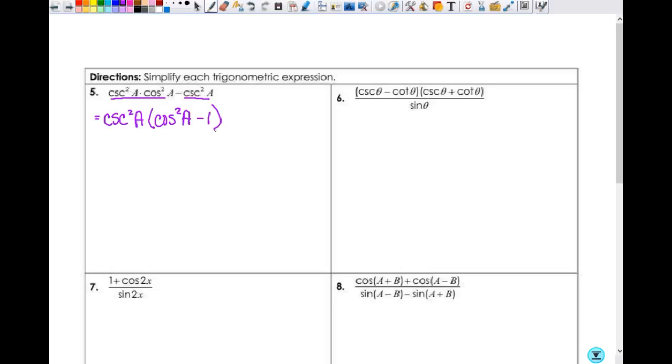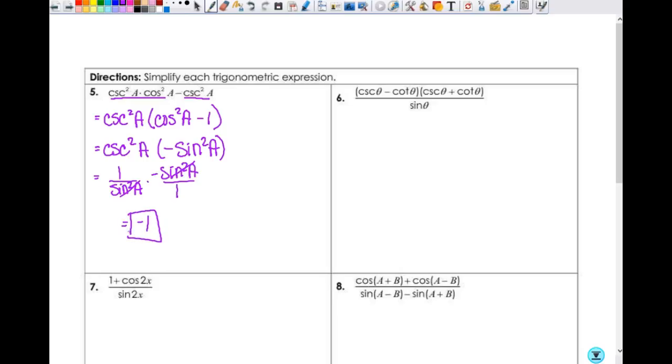That does not give me sine squared a, because if it's cosine squared minus 1, that's actually going to give me negative sine squared a. Cosecant is 1 over sine squared times negative sine squared a. Put that over 1. Those cancel out, and your answer is negative 1.